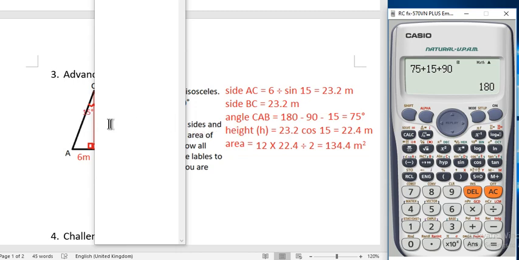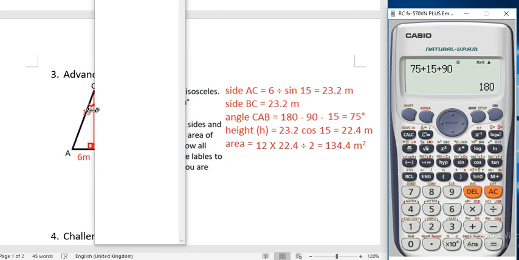Now we look at what side we're trying to find. So we have a look at the side over here. We're looking at the 15, so we're going to use this 15 degrees here. We're going to use the long side and the 15 degrees.